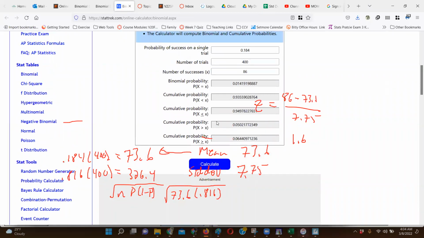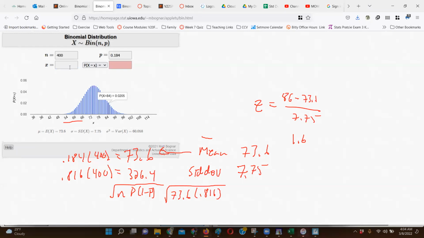And then I can decide which one to use. Well, the mean is 73.6, and 86 is bigger than that. So what I want to find is, here you can see it, X is 86.